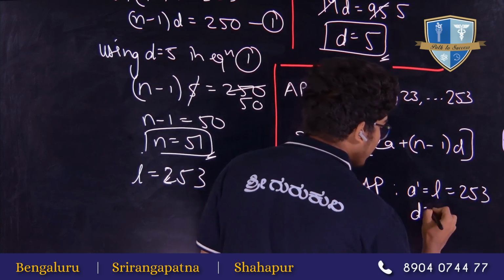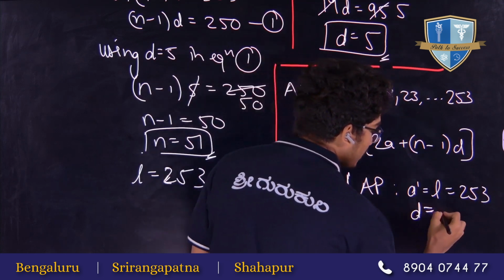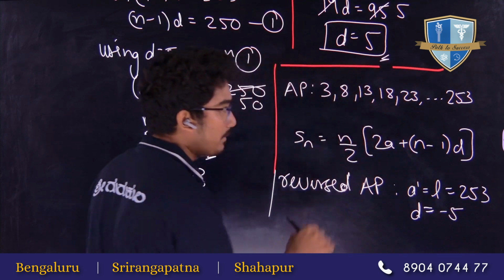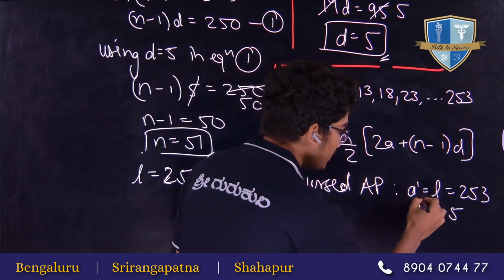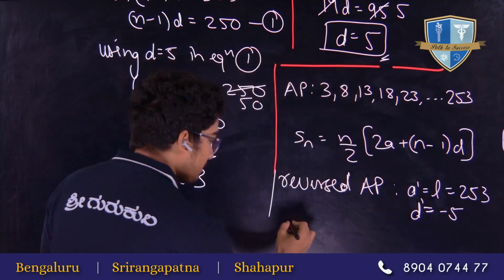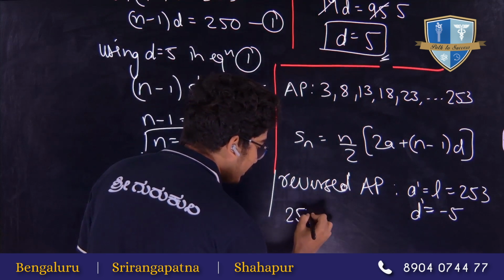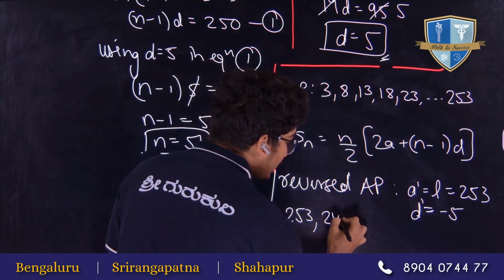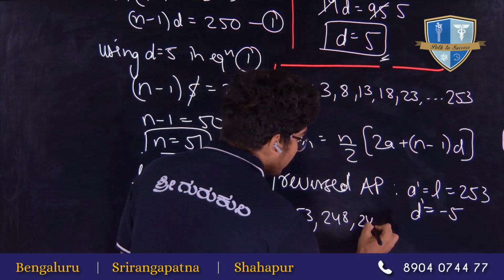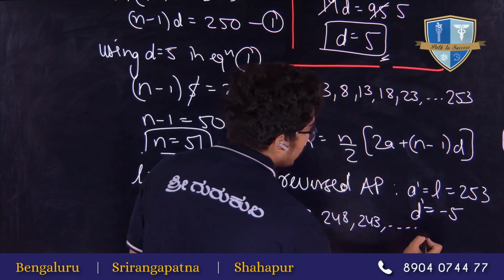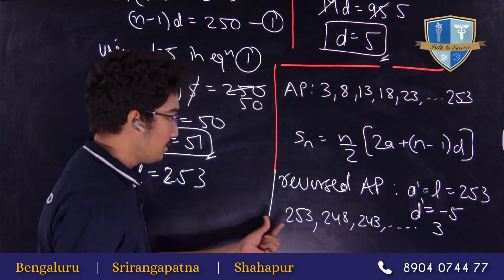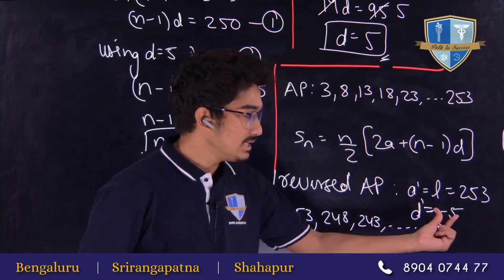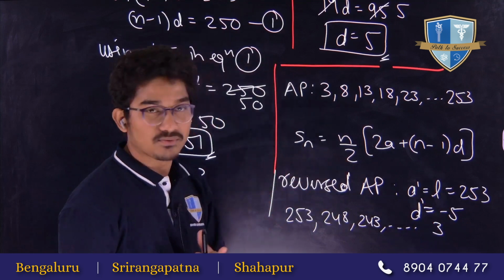And in the reversed AP, the common difference will be negative times the common difference before. So D dash is minus 5. So the reversed AP will become 253, comma, we will subtract 5, we will get 248, 243, and so on. It will go to 3.